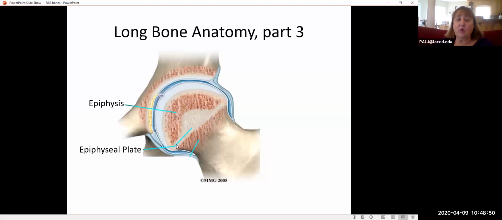As we'll learn shortly, it's a piece of cartilage that exists because this is where the long bone growth is going to occur. The epiphyseal plate is something you may already know by the layman's term growth plate. So just replace that word growth with the word epiphyseal.